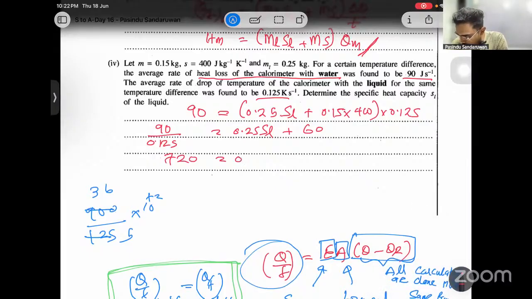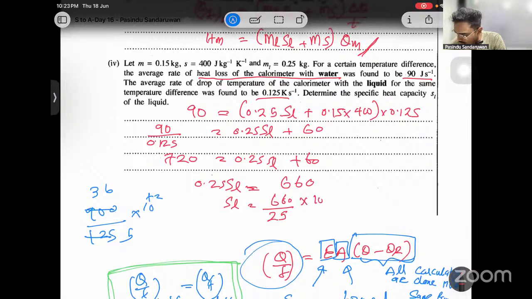So 720 equals 0.25 SL plus 60. Then 0.25 SL equals 720 minus 60, which is 660. Then SL is 660 over 0.25.